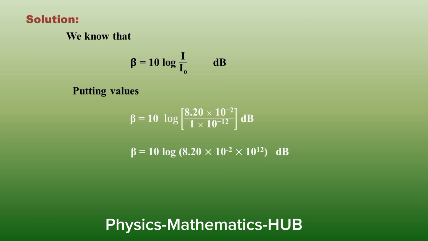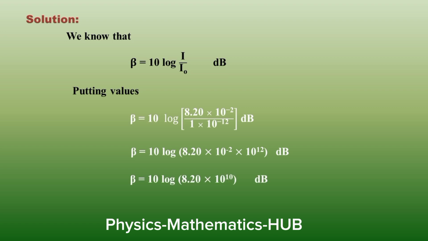Shifting 10 to the power minus 12 from denominator to the numerator, we get beta is equal to 10 log of 8.20 multiplied by 10 to the power minus 2 multiplied by 10 to the power 12 decibels.